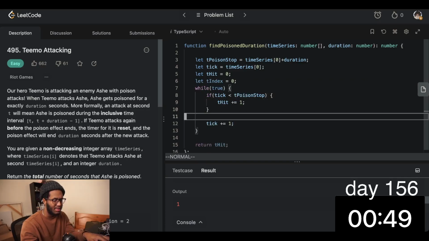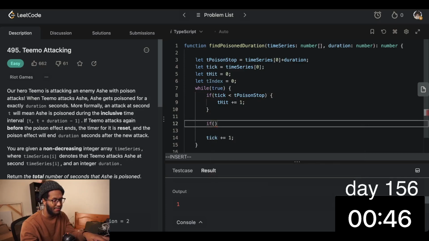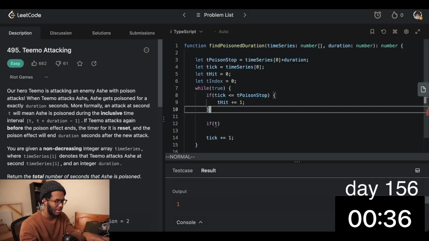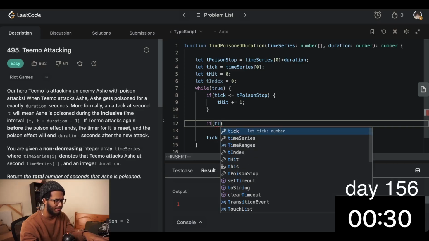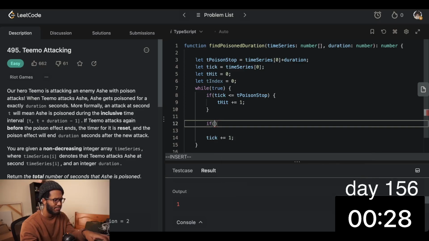I have T index equals 0, and we'll say if tick, T index is less than or equal to 0.